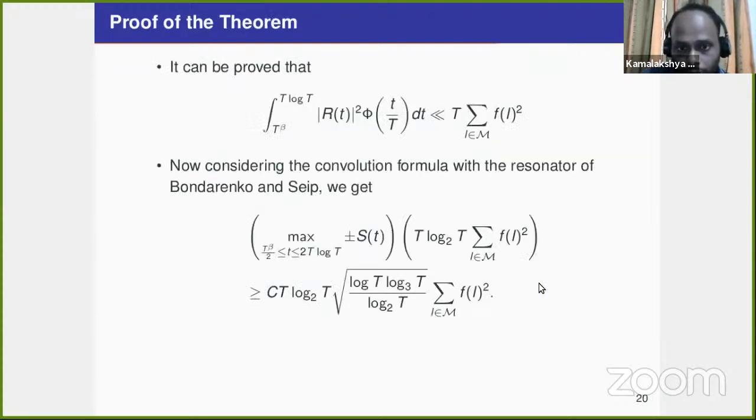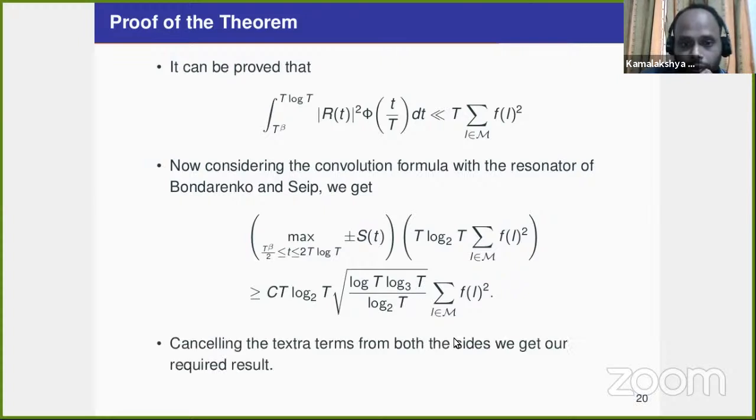So using that we get t log t and the sum of F_L squared, and double log t we already had, and on the right hand side what we had before, we have this term. And now once we cancel all these extra terms out, we'll get our theorem, which is that the max of plus minus S(t) is greater or equal to the square root of log t triple log t by double log t, and that gives the result. Okay, I hope it's clear. And this is what I wanted to say about the proof.